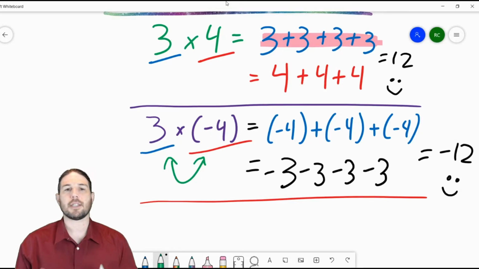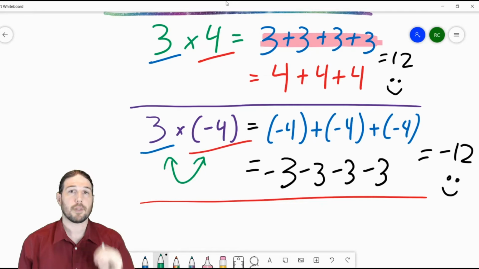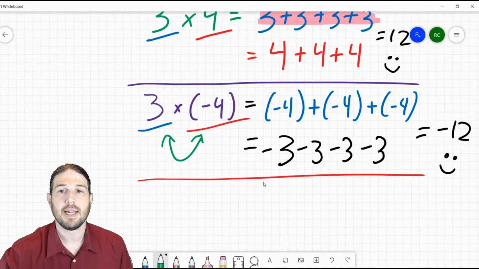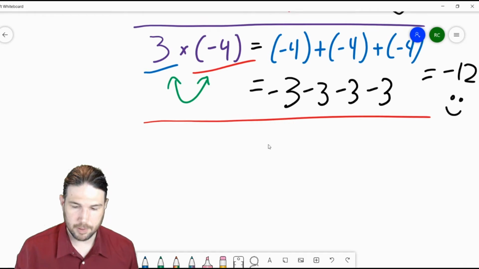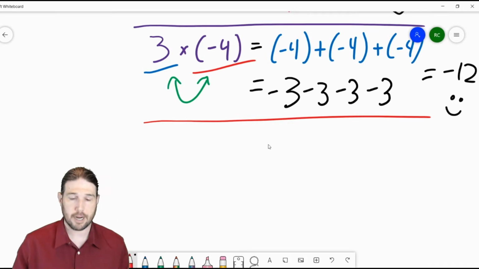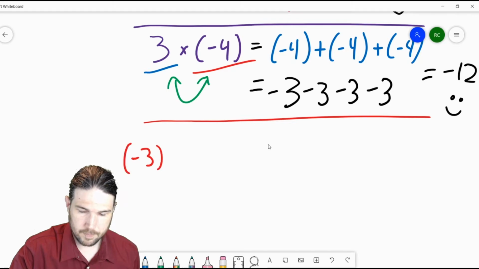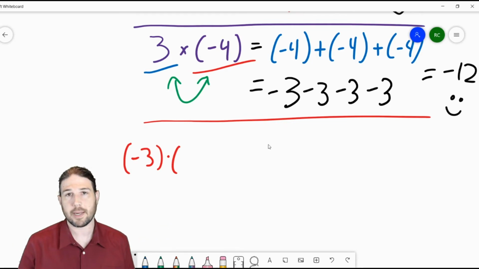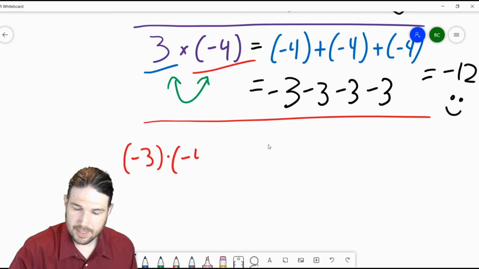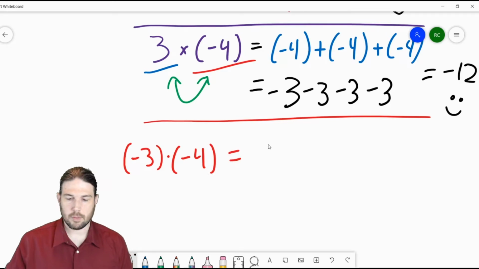But now we get to the really confusing bit, the part that really kills most students, and that's the fact that -3, and I'm going to put this in red because everybody is so scared of it, -3 times, now I'm using a dot for multiplication. Again, I tend to go back and forth between the different notations, times -4, and what's that equal?